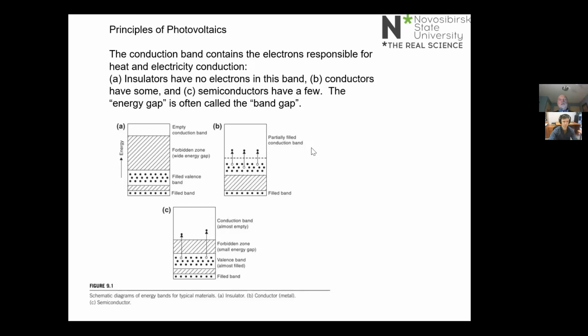Okay, so we got further on than this slide here yesterday, but I just wanted to recap on the idea of the band gap. And the band gap is a term that refers to the energy required to move electrons into the conduction band.